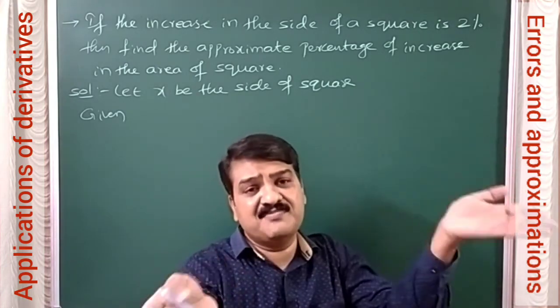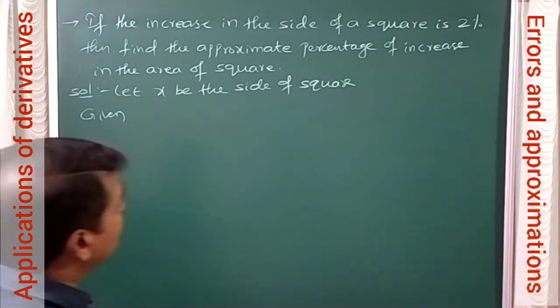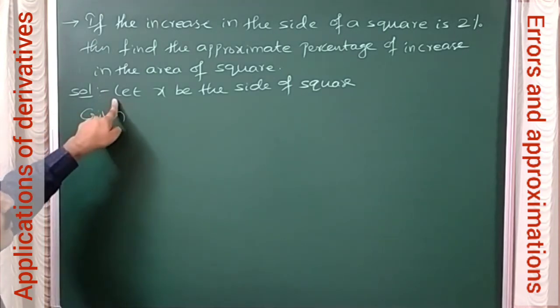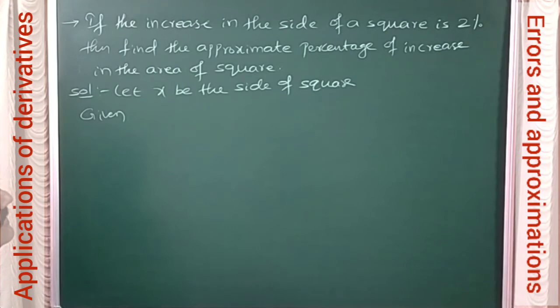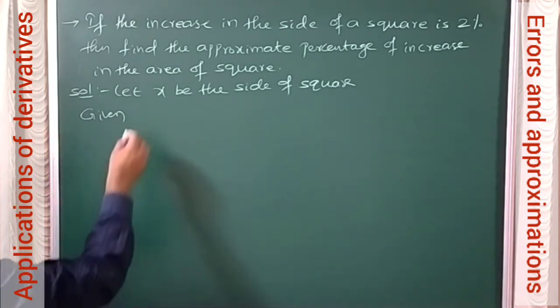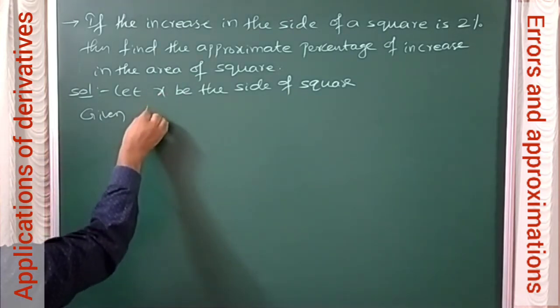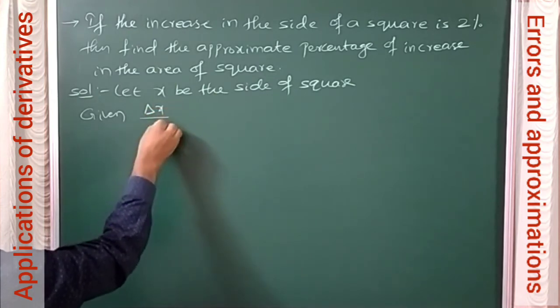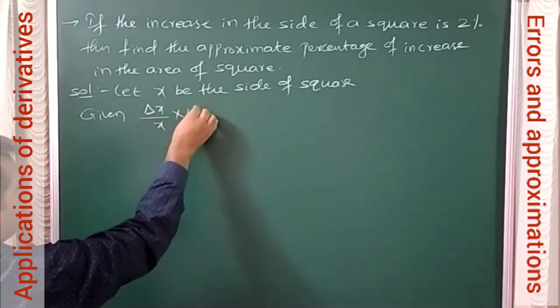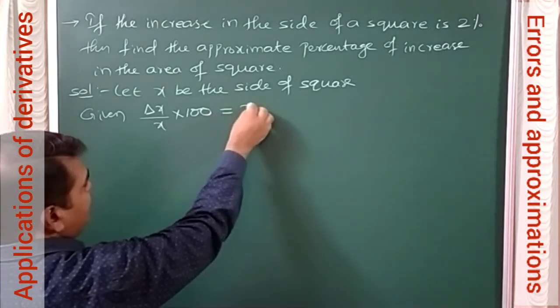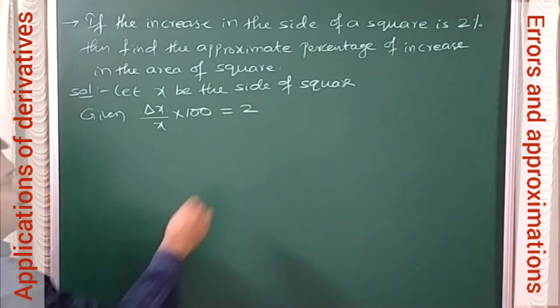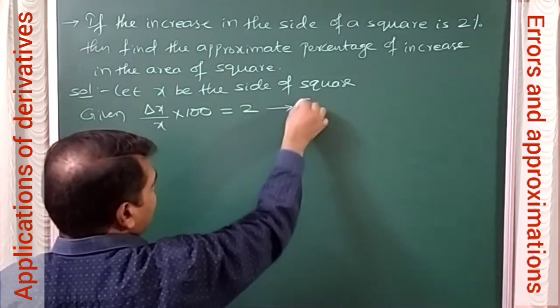That is nothing but the difference between those two, the error. So percentage increase means error in the side of the square. X is the side, therefore delta x by x into 100 is the percentage error or percentage increase here, which is given as 2%. That means 2. Let this be 1.